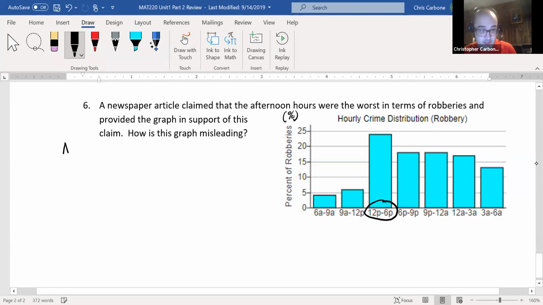So specifically, not all of the time intervals are the same size.